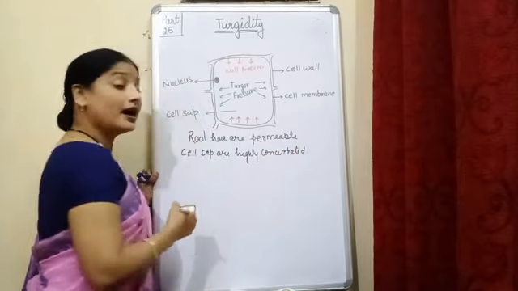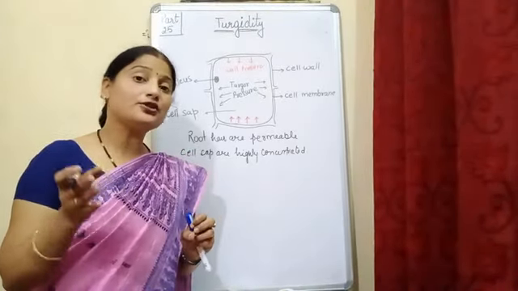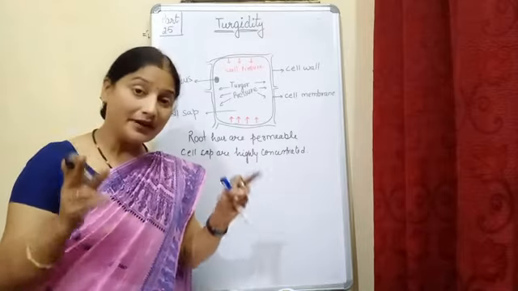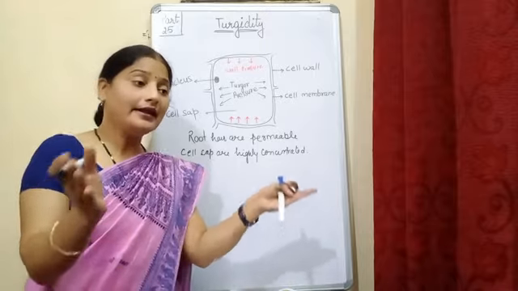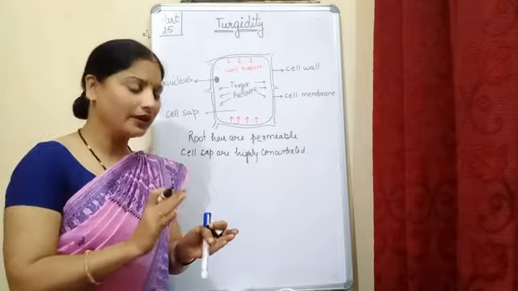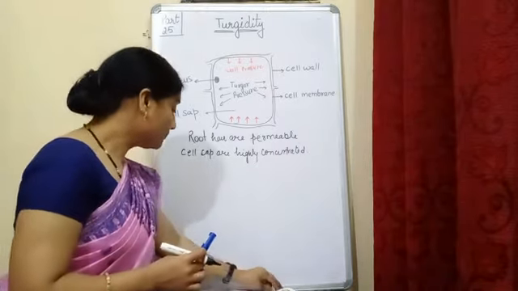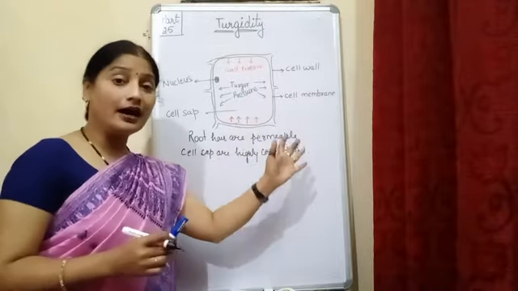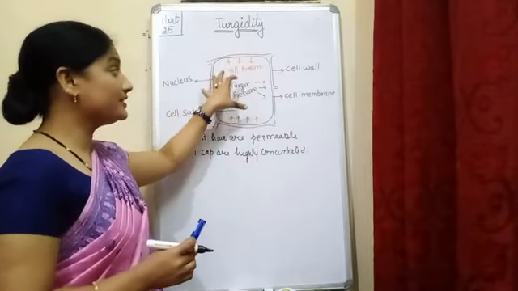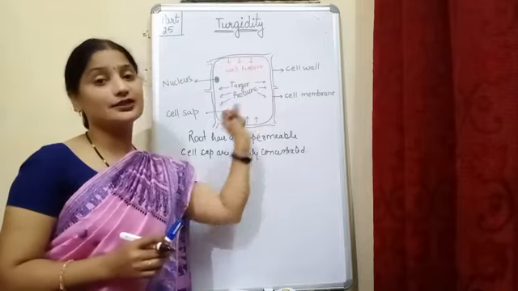And because they are highly concentrated, by the process of endosmosis, the water present in the soil will enter into the cell. Clear? See what I have said. The root hair cells are permeable and the liquid present inside the cell, the cell sap, is highly concentrated.